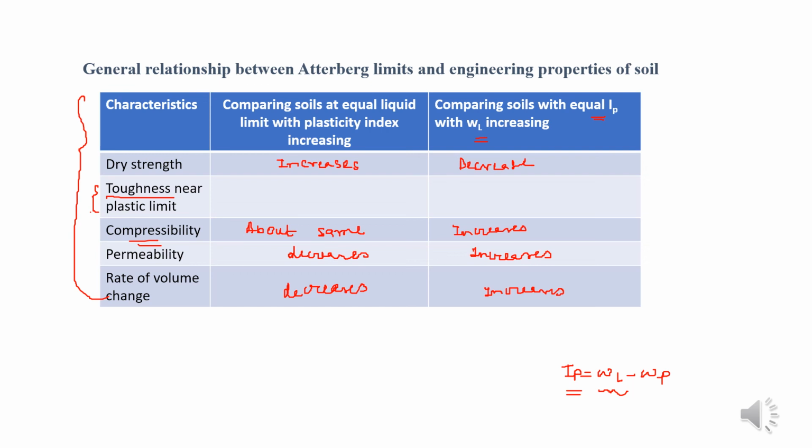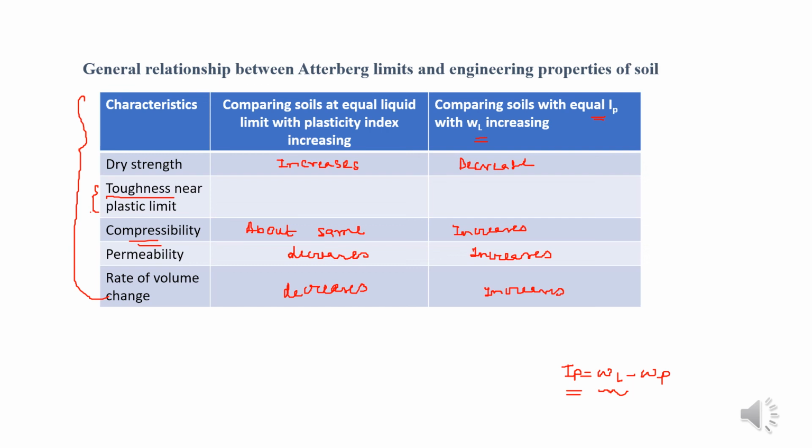We will meet in the subsequent lecture about the various laboratory tests for determination of liquid limit, plastic limit, or shrinkage limit. We will also talk about some other terms like sensitivity of clays or thixotropy of clays, other terms related to fine grained soils, mostly clays.